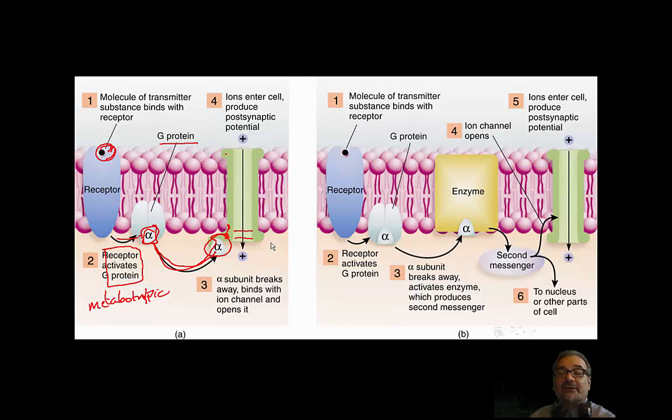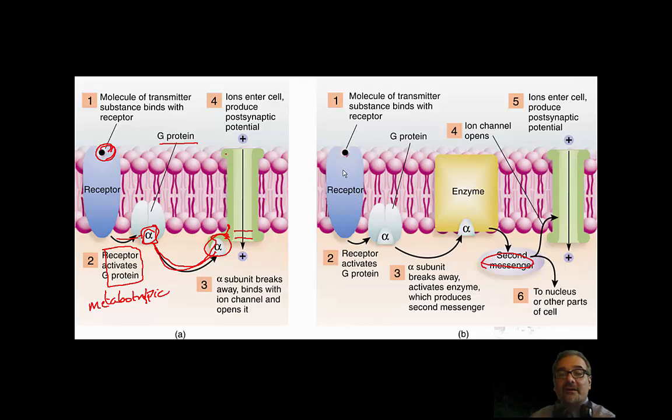Okay, so ions now enter the channel. Another type, more complex metabotropic, involve a second messenger. I talked about the neurotransmitter as being the first messenger, but other types of systems, metabotropic receptors, actually have a second messenger involved.